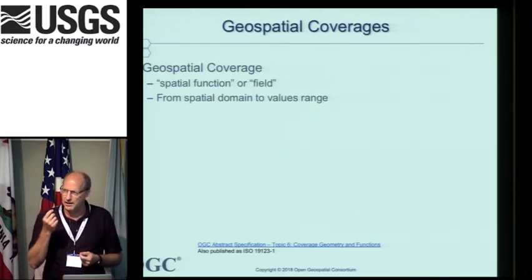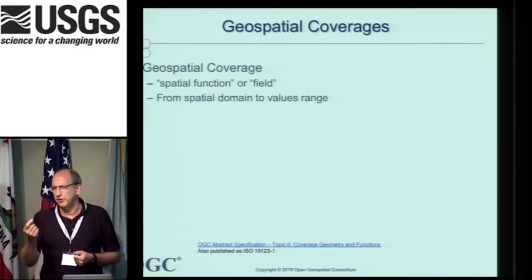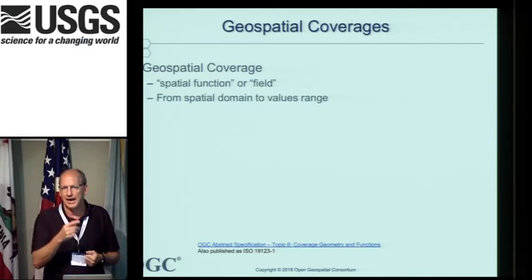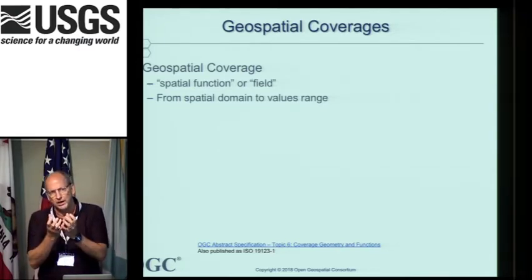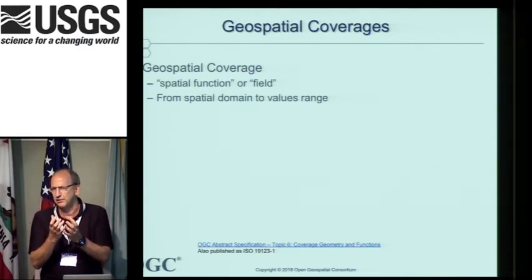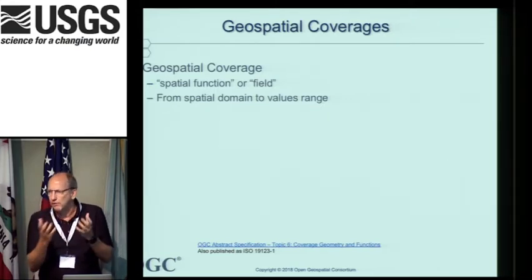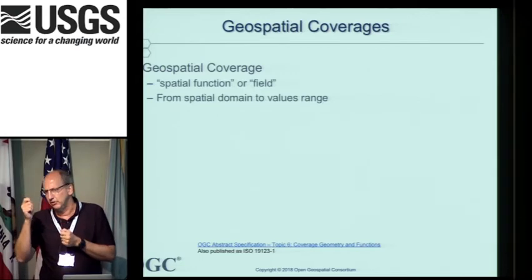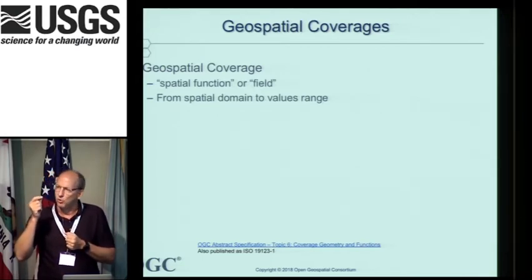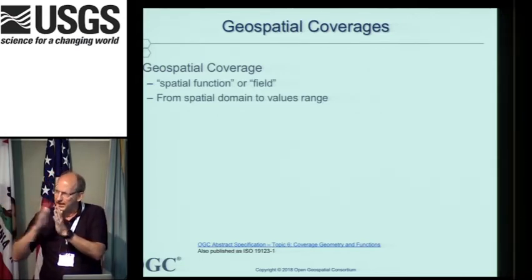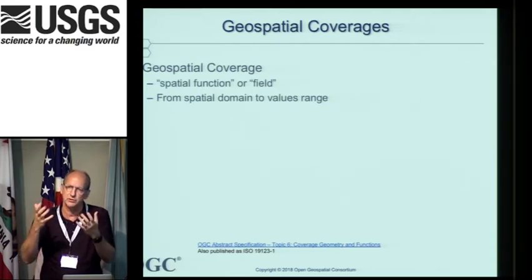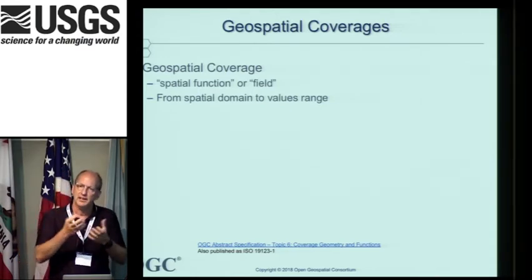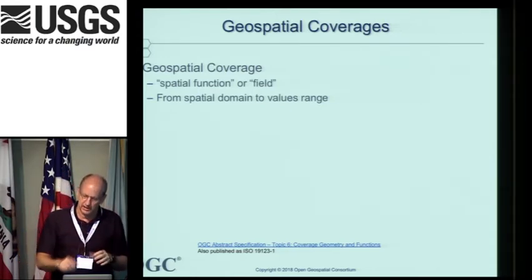And it really is a model that says you've got a point on the Earth and you want a piece of data about that. So if the point on the Earth is well described in terms of where it's at, with a CRS, coordinate reference system, and there's a mapping. It's a mathematical analogy that you can point there and say, tell me the record of data, record in terms of some vector structure or even a grid or a tensor about that point. Pull that back. That's the notion of a coverage.